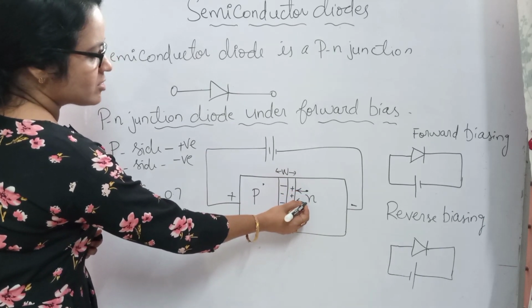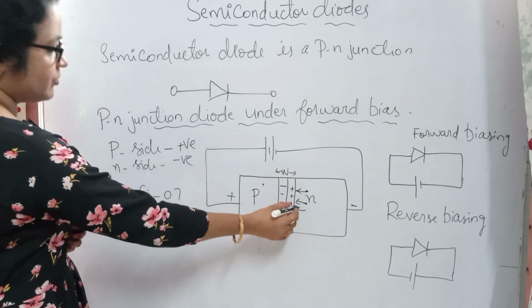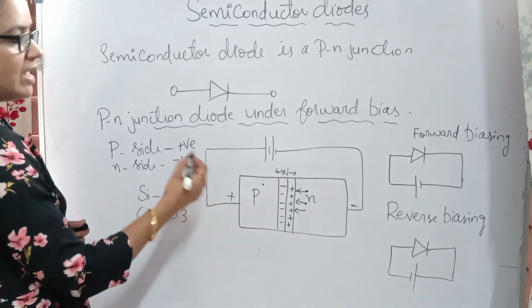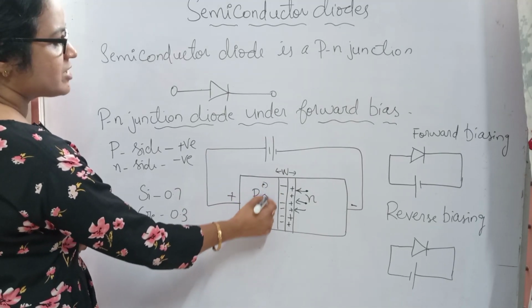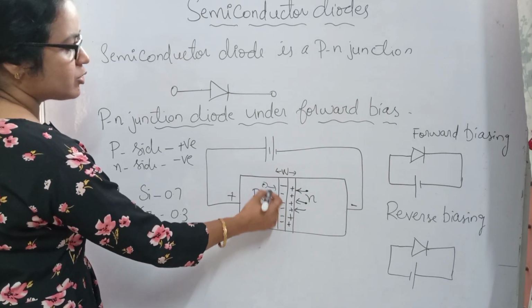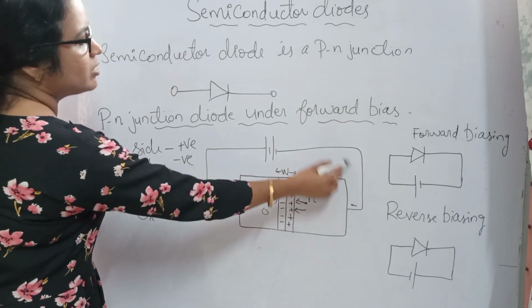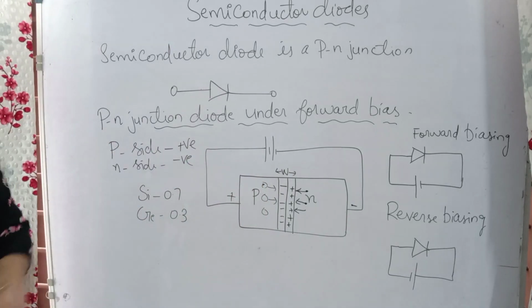Okay, so these electrons will cross through this side and will reach here. And here what will happen? These holes will be moving to the opposite side like this. Because they will be able to cross this barrier and move through this, the current flow will be possible. So current flows through the circuit.